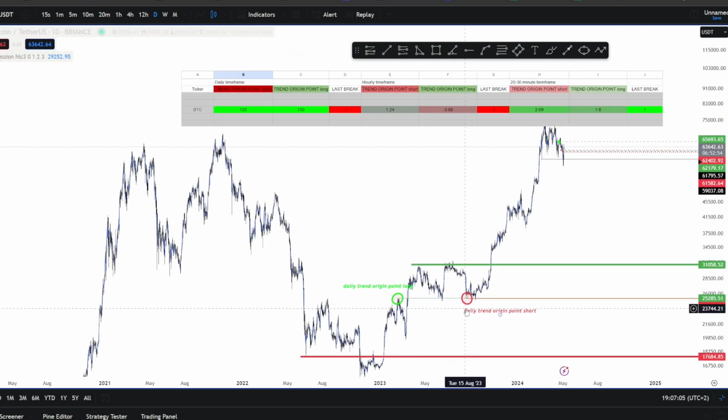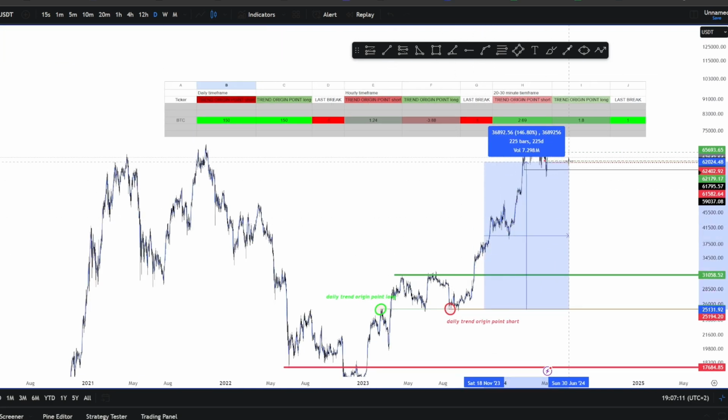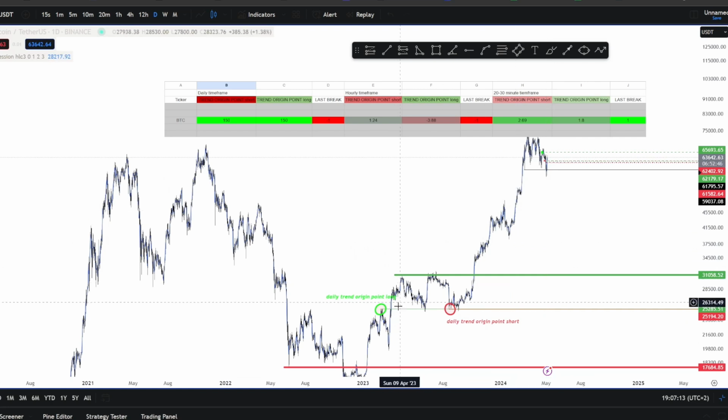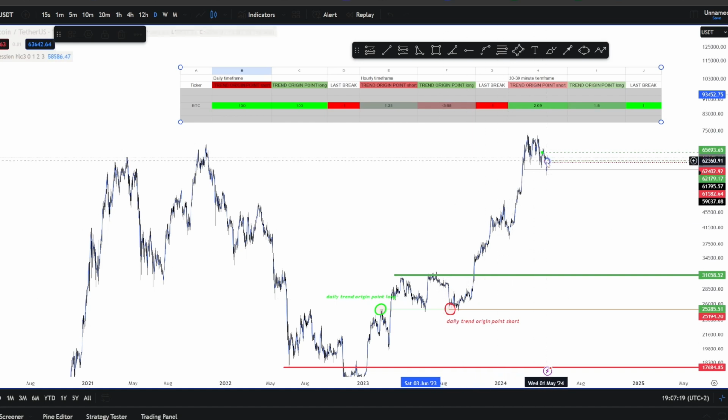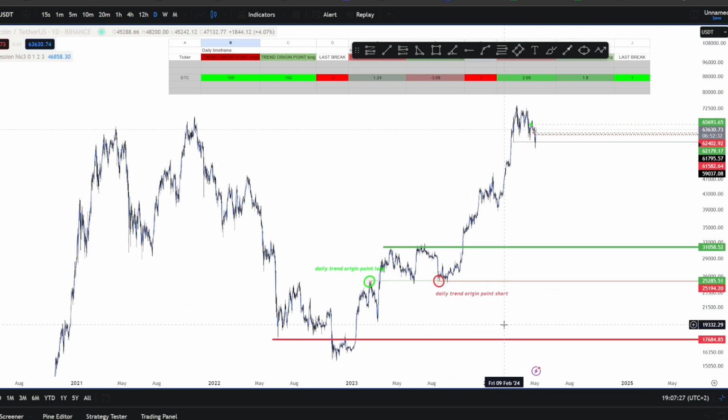So from both of these points, we are 150% in the green, meaning that a bullish trend origin point has succeeded in forming a bullish trend, and a bearish trend origin point has failed to originate a bearish trend.